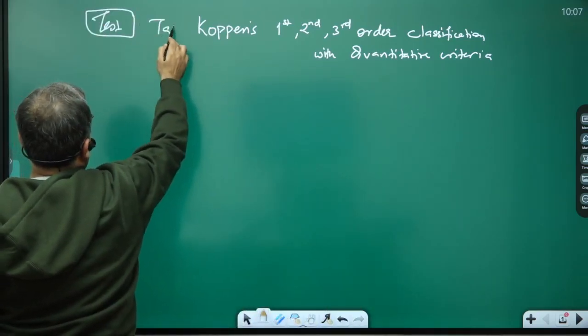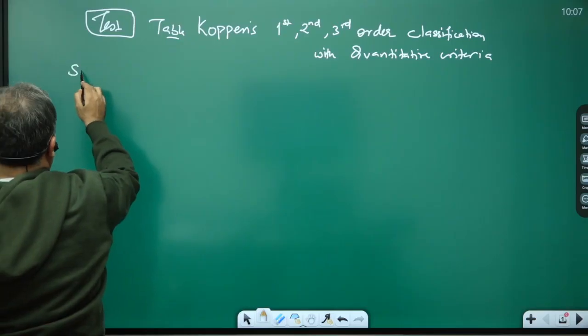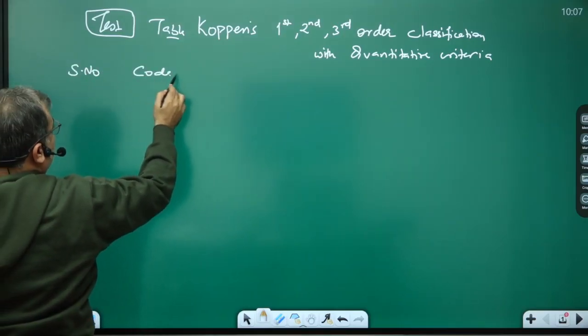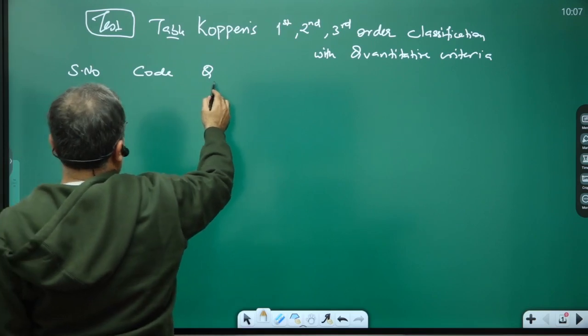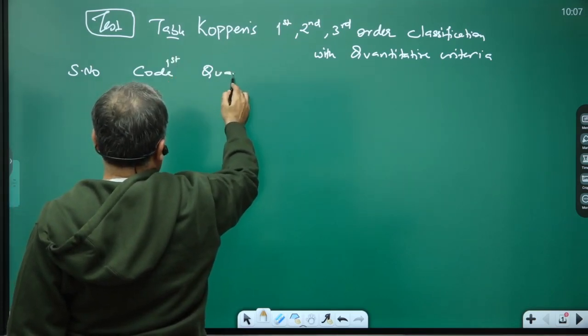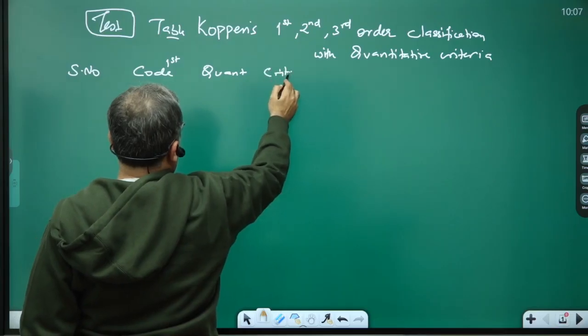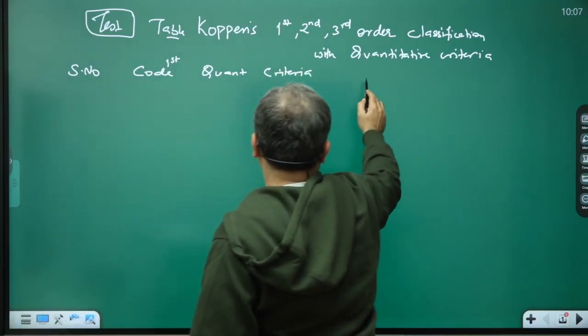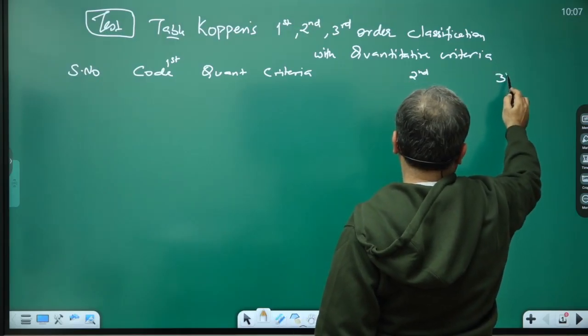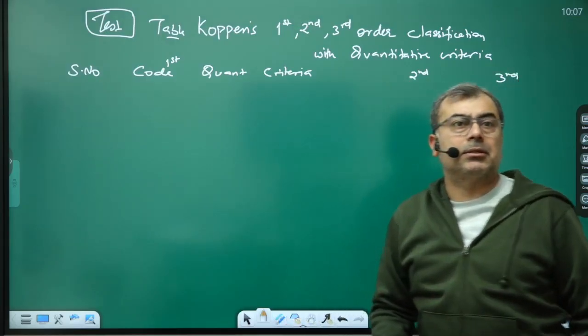Draw the table of that. So serial number, then code, then quantitative criteria. This is the first one, quant criteria. Then we have the second categorization and then the third categorization.